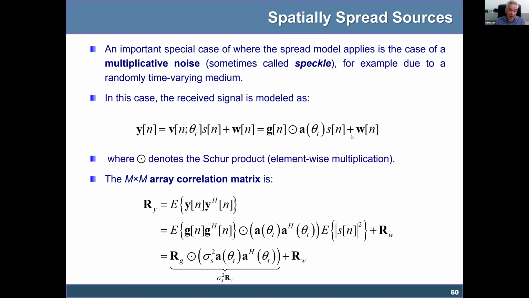So W is additive noise. G is multiplicative noise. And in radar imaging, this multiplicative noise sometimes is called speckle. So the speckle is multiplicative noise, and the effect is a decorrelation of the spatial samples.